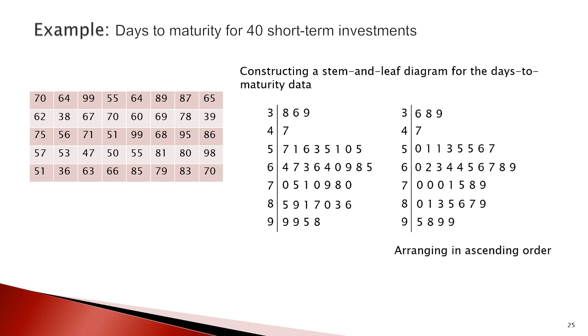That is the final step of constructing a stem and leaf diagram: arranging the data into ascending order. For example, let's say that 3 has 8, 6 and 9. We can arrange them into ascending order like 6, 8 and 9, like that.